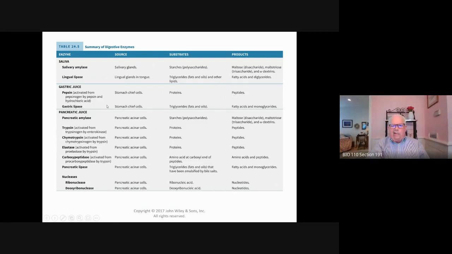Gastric lipase from the chief cells of the stomach does the same thing to triglycerides. Pancreatic amylase, the main producer of amylase in the GI tract is the pancreas. It degrades starch into disaccharides.